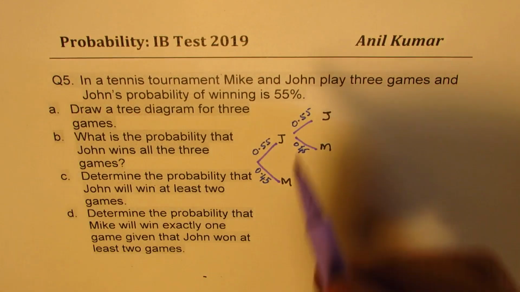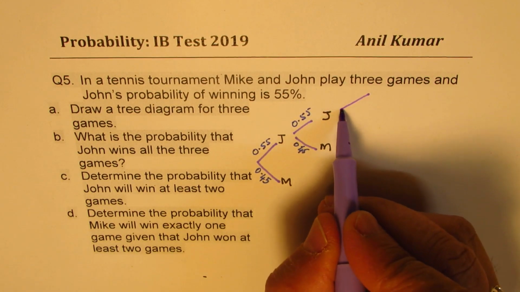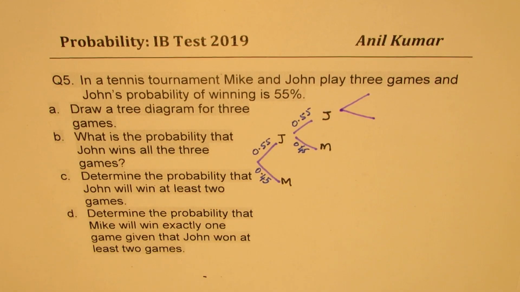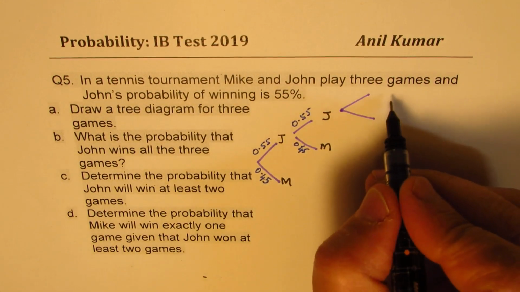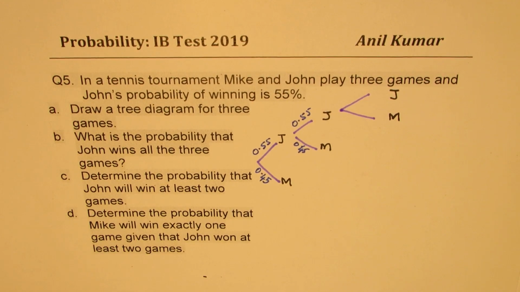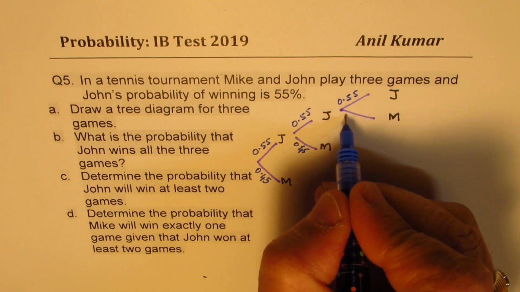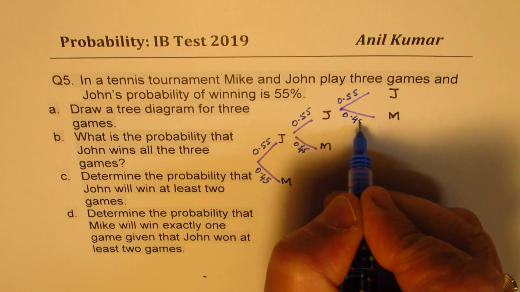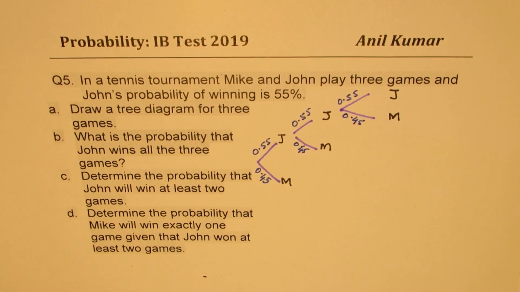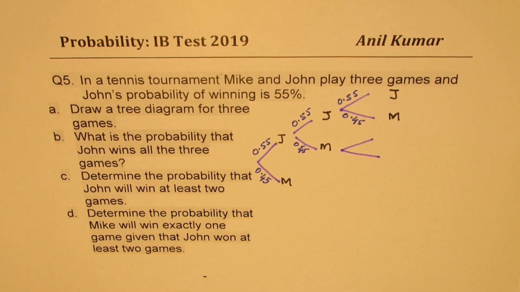And then the third game, John and Mike, we get 0.55 and 0.45. If Mike wins, let's complete this part.